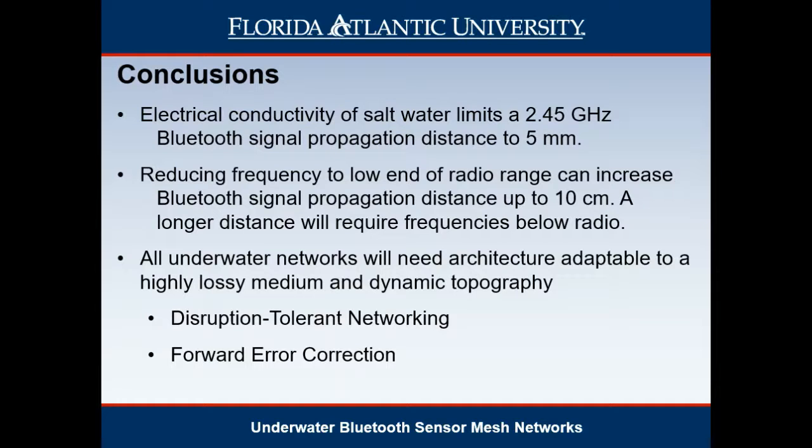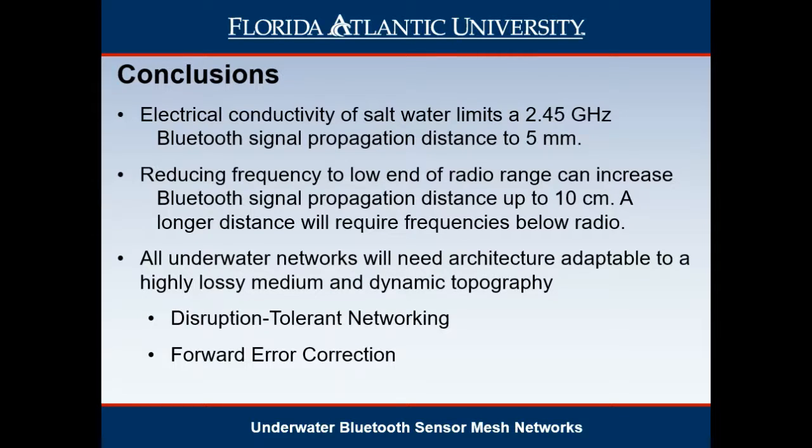Given these short distances and the overall challenging environment that is the ocean, any kind of mesh network is going to need to be able to adapt to this lossy medium and a topography where the nodes can be shifting their physical position at any time.